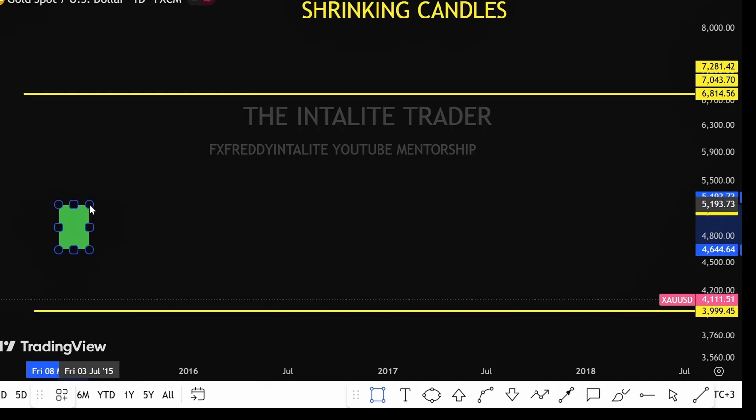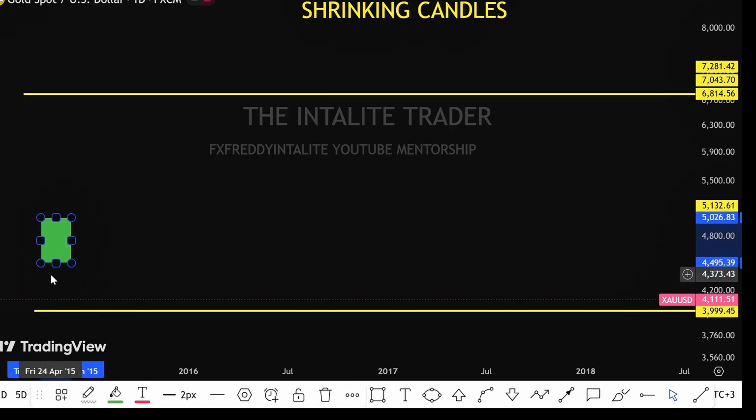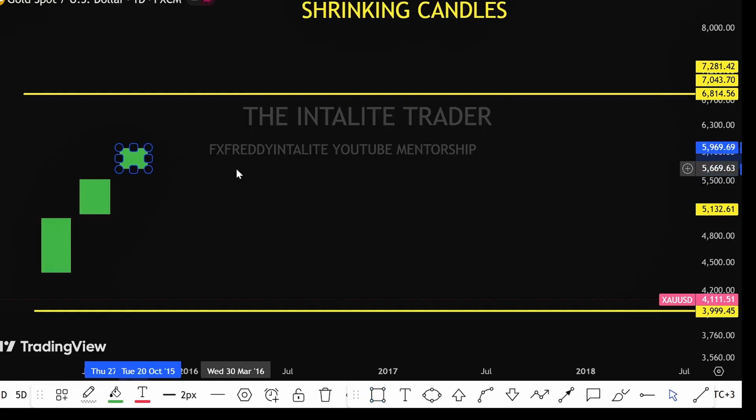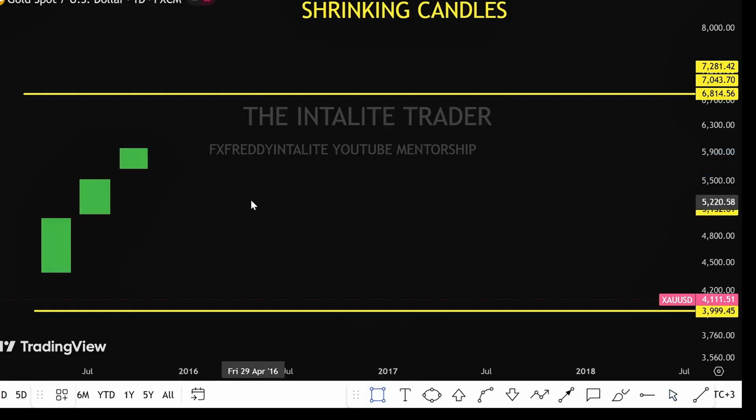you will have a big candle. Let's say you have a huge bullish candle here. Then the next candle travels a small distance. Then you have this other candle travel another smaller distance. And then you have this one.